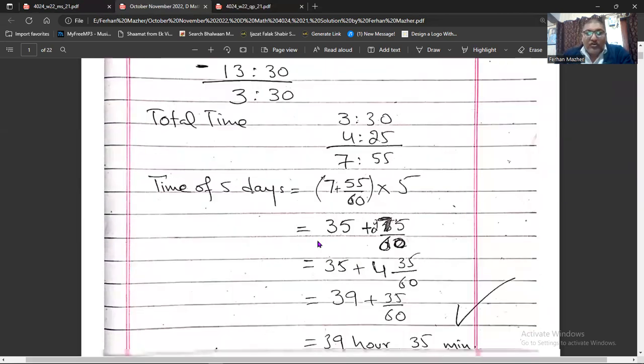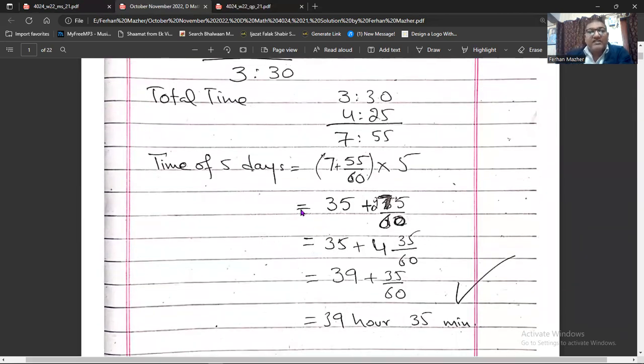Okay. So I will convert this time. This is 7 hours and 55 minutes. So 55 divided by 60, multiply by 5. 5 multiplied by 7 will be 35. When 5 is multiplied with 55, it will become 275 divided by 60. 275 divided by 60 is 4 whole 35 by 60. So this 4 is also full hours.